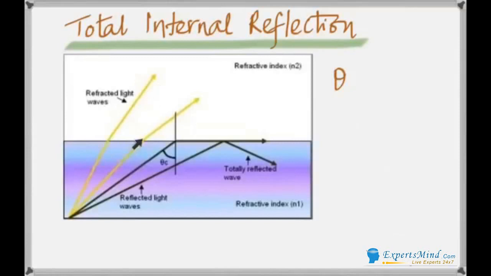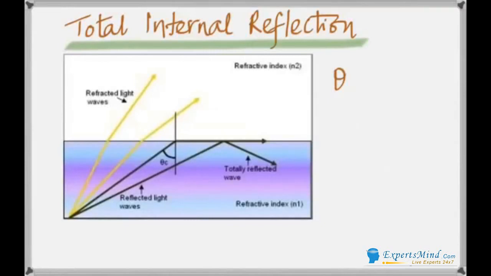Same thing happens here, but here there is no part that goes out. It is totally reflected. That makes more sense? So which would give us the sharpest images? Definitely total internal reflection, isn't it? And so that is why it is called total internal reflection.